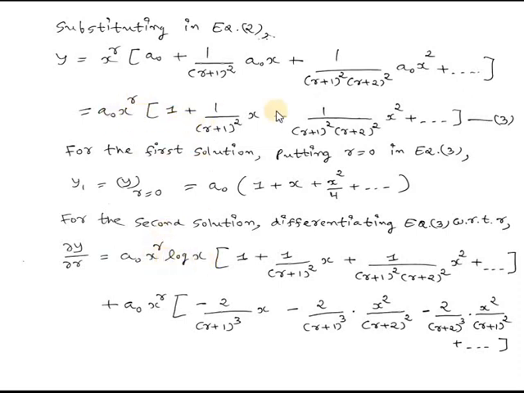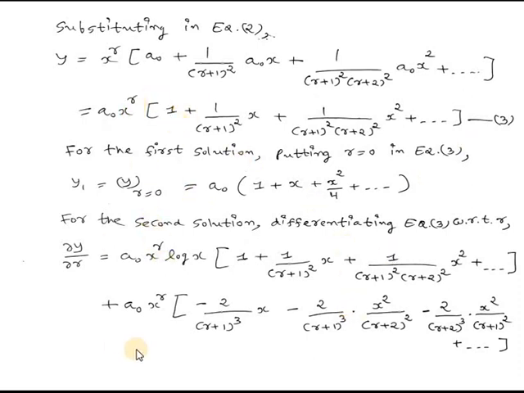Now this bracket will be a constant, plus a0 x raised to r. Now x raised to r is constant, and we have to take the derivative of this bracket. Here we are using the product rule. First we took the derivative of x raised to r, so this bracket was constant.